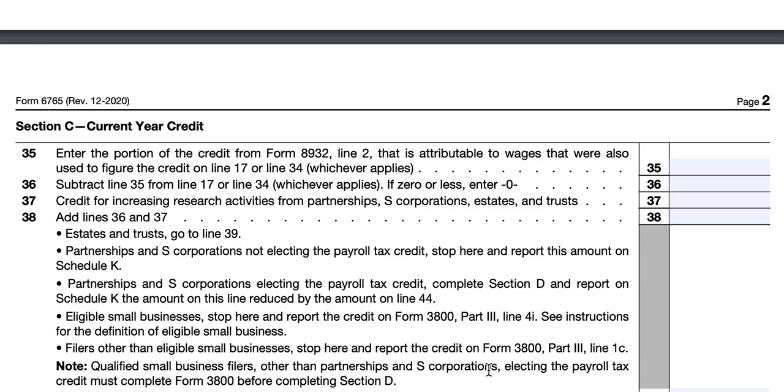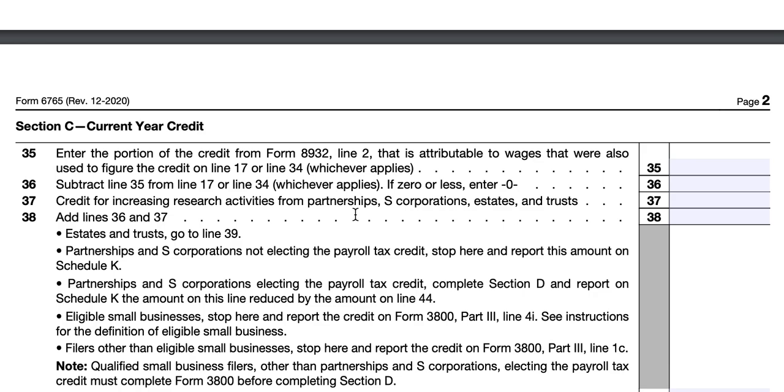So in line 35, you're going to enter the amount of the credit from IRS Form 8932, which is the credit for employer differential wage payments. That is also attributable to wages used to calculate the credit in this form.